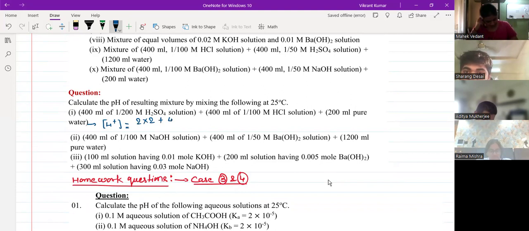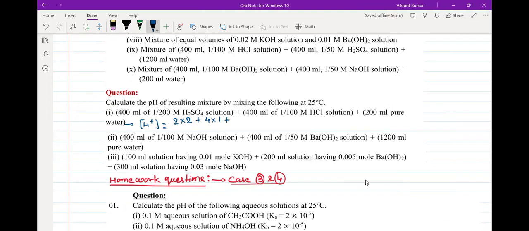For the second we have got 4 into 1, that is millimoles of H plus from HCl, and then pure water is there. तो कुछ नहीं करने का यहाँ पे, that much divided by, and total volume is becoming 400 plus 400 plus 200, that is 1000. We are getting 8 into 10 raised to minus 3. Again, that is more than 10 raised to minus 6. So pH will be 3 minus log 8, and that is 2.1 हो जाएगा.